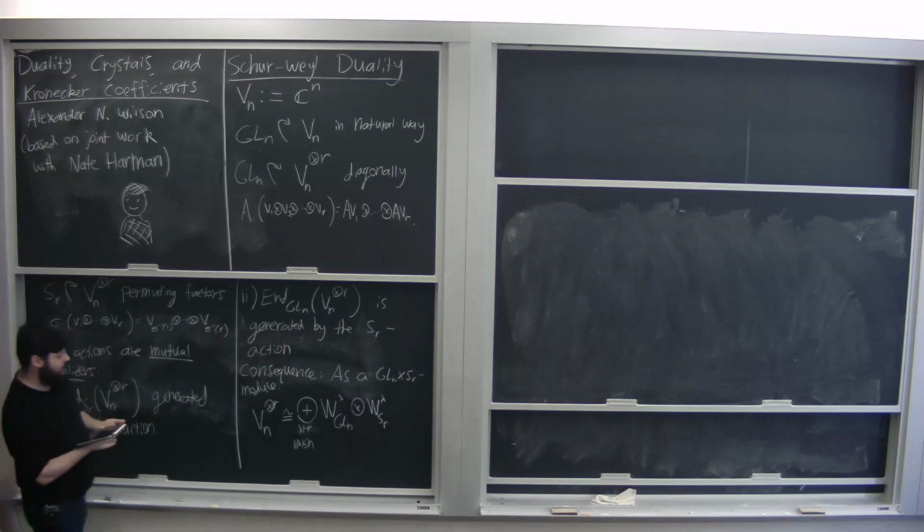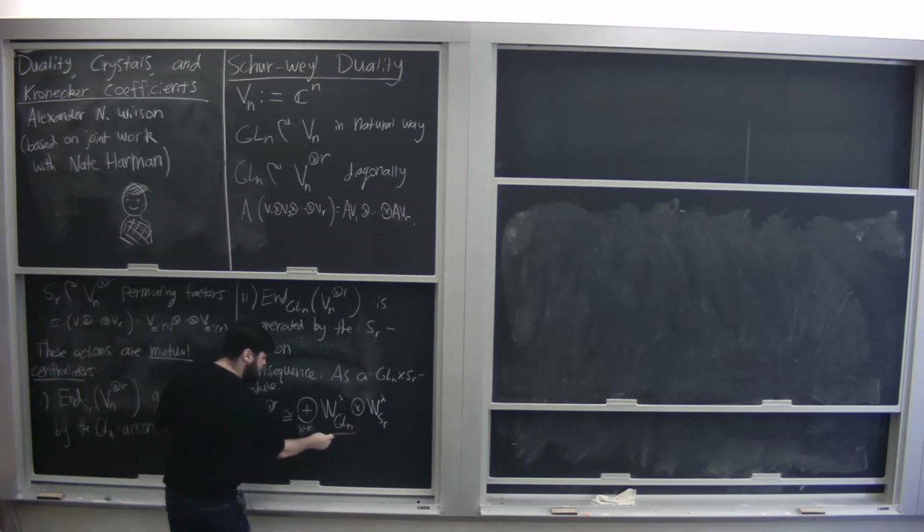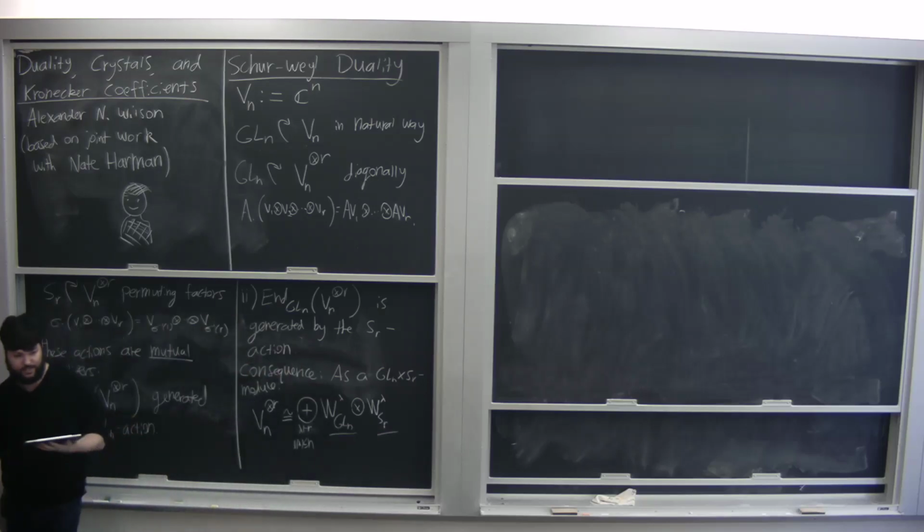And so this sets up some kind of correspondence between an irreducible representation of GL_n and an irreducible representation of S_r.